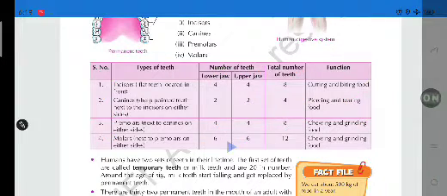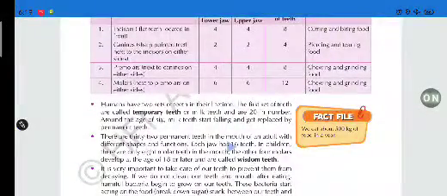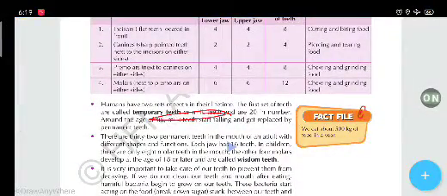Humans have two sets of teeth in their lifetime. The first set of teeth are called temporary teeth or milk teeth. Temporary teeth and milk teeth you have seen in the child stage, and the number of milk teeth is 20. Around the age of 6, milk teeth start falling and are replaced by the permanent teeth.